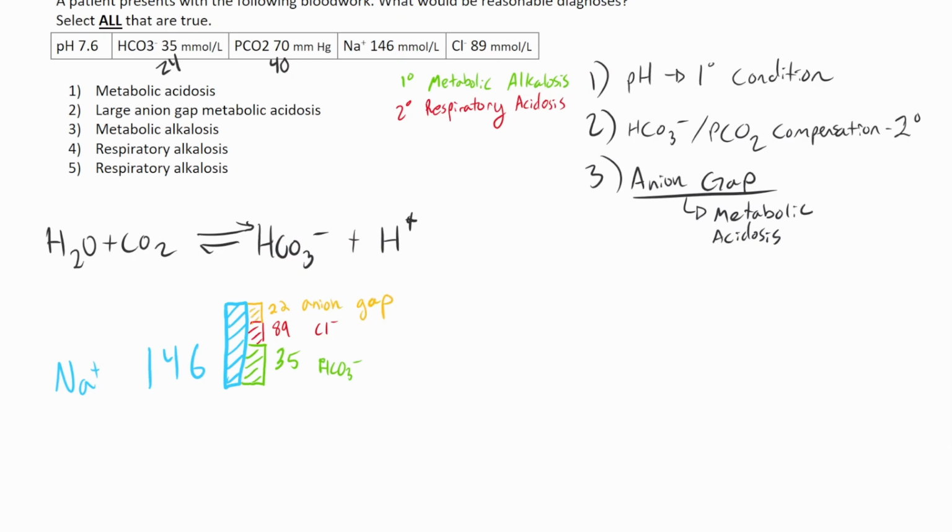A normal one is 12, and the cutoff for a large anion gap is about 20. So the rule with anion gaps is that anything over 20 is a large anion gap.